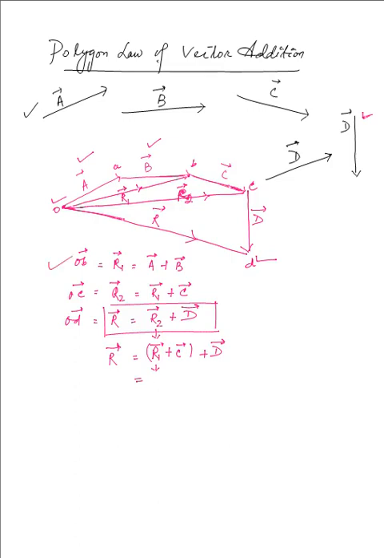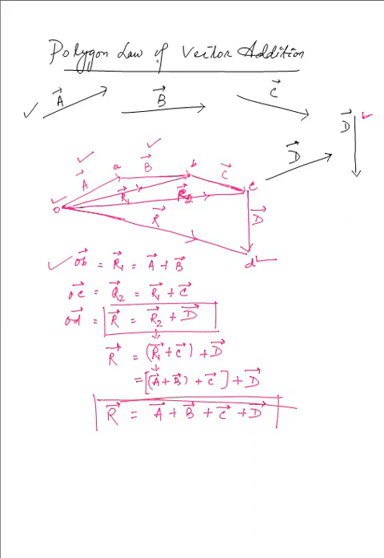So for R1 we have A vector plus B vector, and the C vector remains as such, and finally outside we have the D vector. We can do away with the brackets now. We have A vector plus B vector plus C vector plus D vector. That is all the vectors that are available over there. This R is obviously the sum of all the vectors, which gives the resultant, meaning the output that we get by adding those vectors.